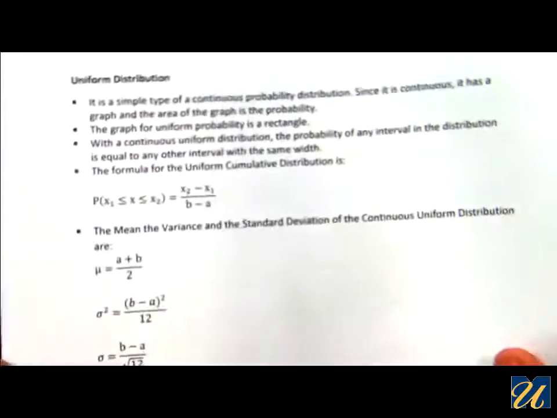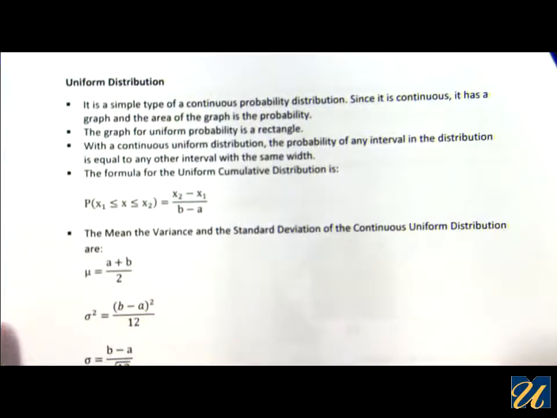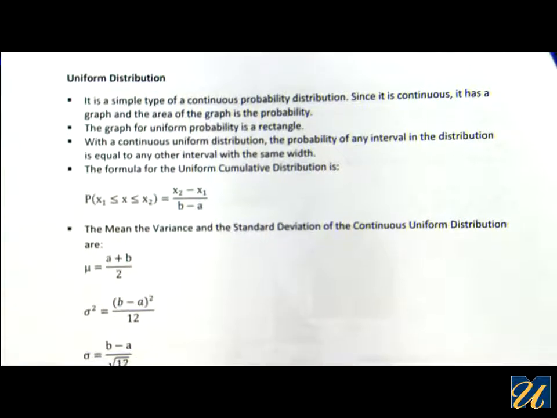Now, onto a different continuous probability distribution, the uniform distribution, or otherwise called the rectangular distribution. It is a simple type of continuous probability distribution. Since it is continuous, it has a graph, and the area of the graph is the probability. The graph for uniform probability is rectangular.